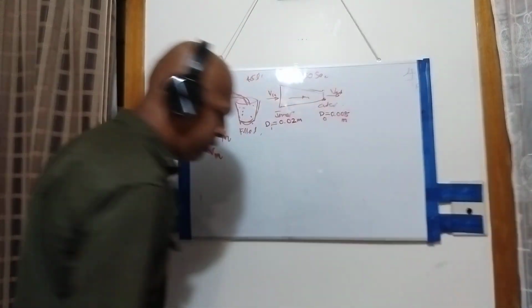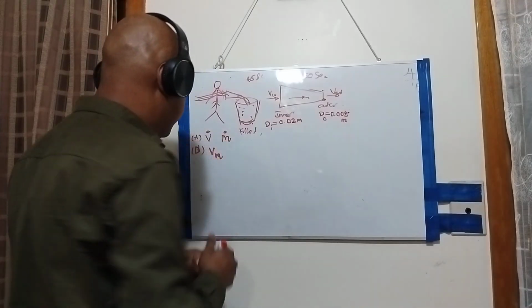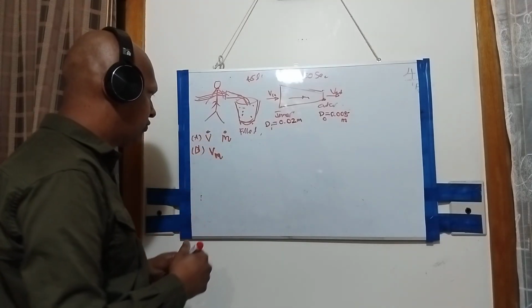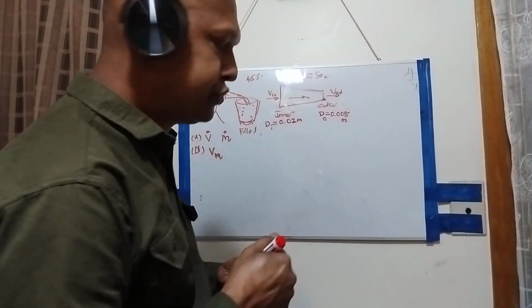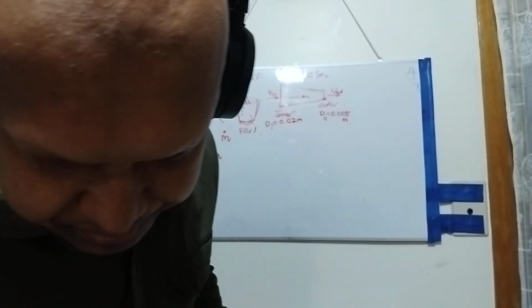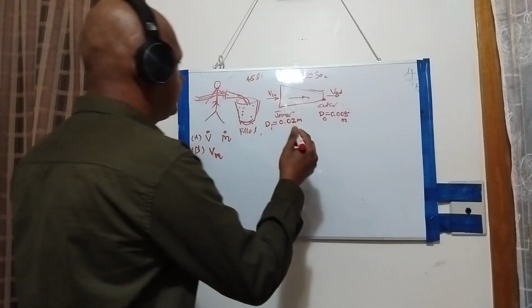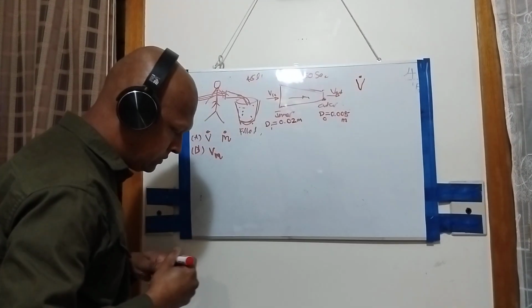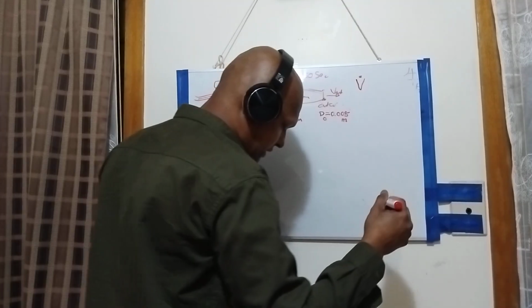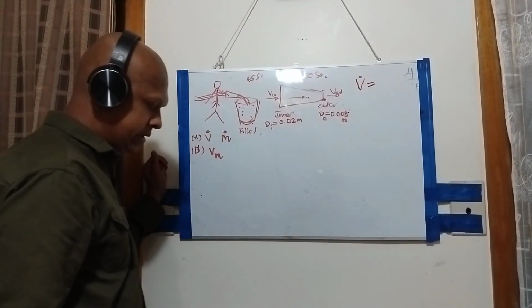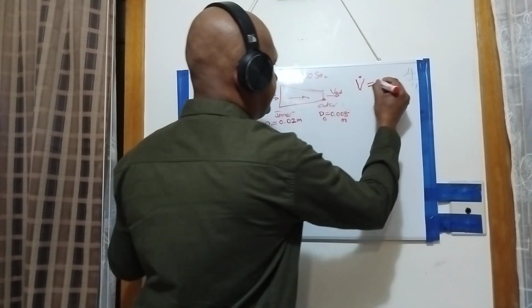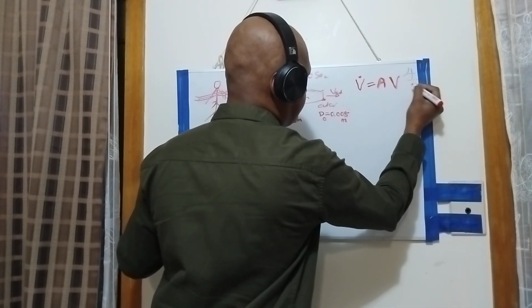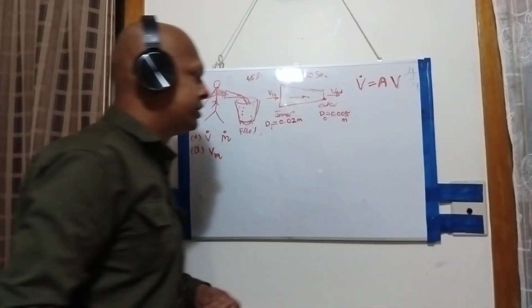In order to calculate the volume flow rate, we need to use V dot equals A times V, the velocity.